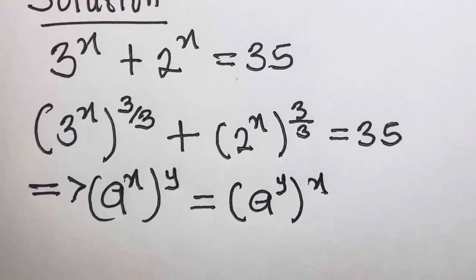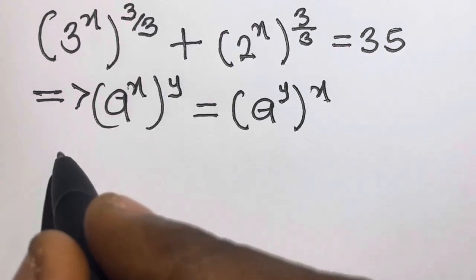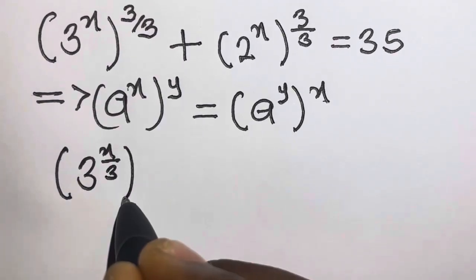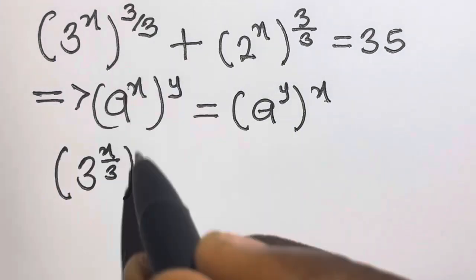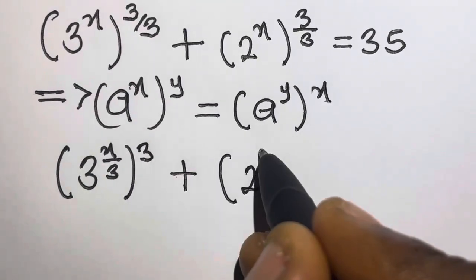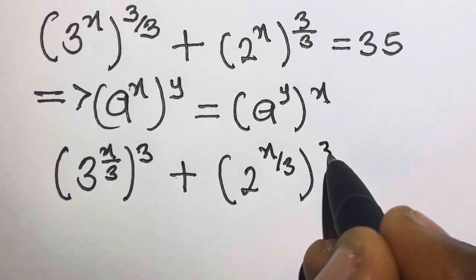They are equal. So applying this to the above, we will have 3 raised to power x divided by 3, then raised to power 3, plus 2 raised to power x divided by 3 raised to power 3.